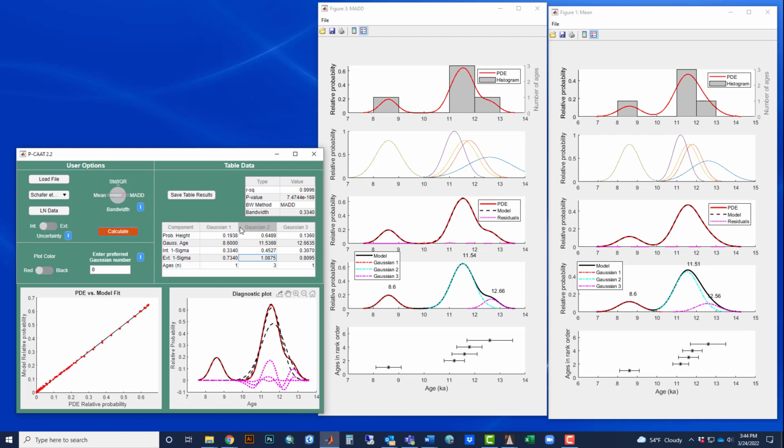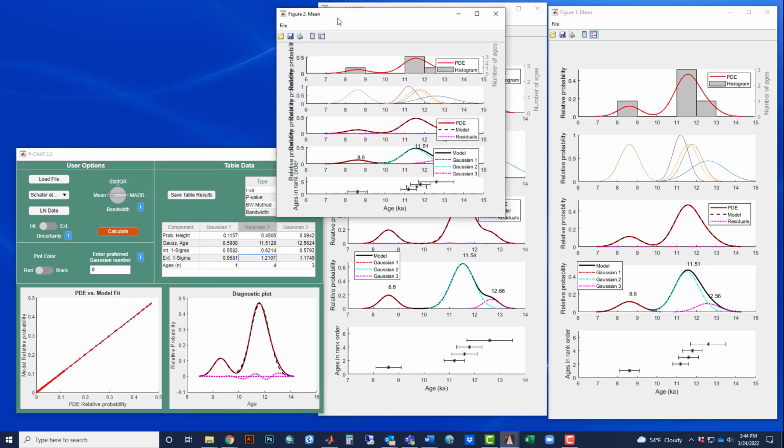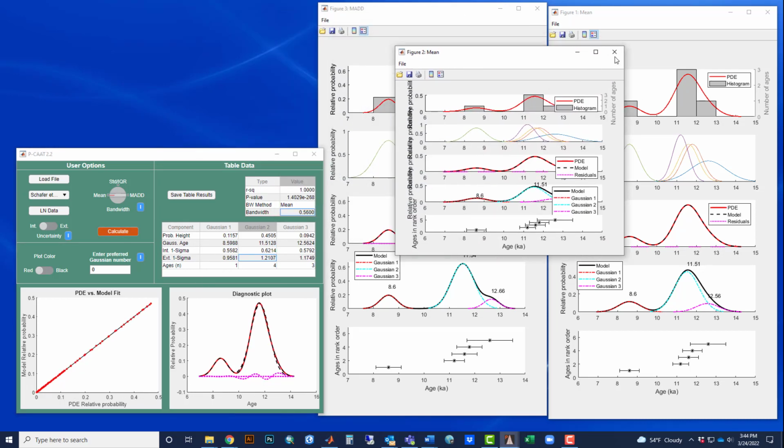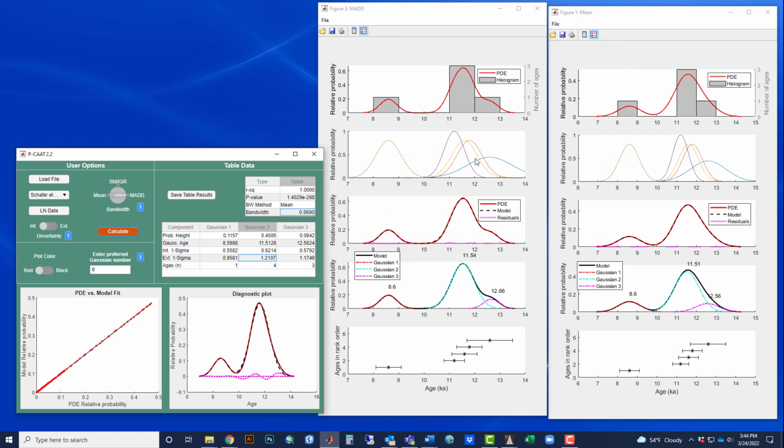In a case like this, again, I would go for the one with the smallest bandwidth. We see that the MAD bandwidth is 0.334. So let's see what the mean bandwidth is by recalculating it. It's 0.56. All right, so in this case, I would go with the MAD bandwidth estimator.